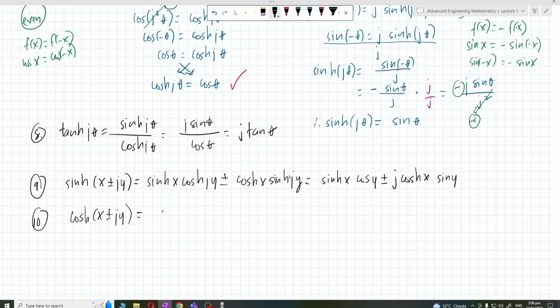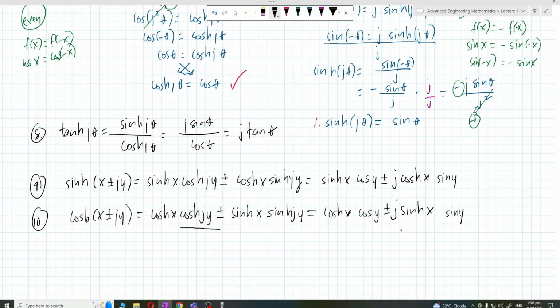So, cosine hyperbolic of x, cosine hyperbolic of jy, plus, minus, then sine hyperbolic of x, sine hyperbolic of jy, equal to cosine hyperbolic of x. Yung cosine hyperbolic of jy, same as cosine of y, plus, minus, copy. And then the sine hyperbolic of jy is same as sine of y, with a j. Siyempre dito ko ilalagay yung j sa tabi ng sine hyperbolic of x.